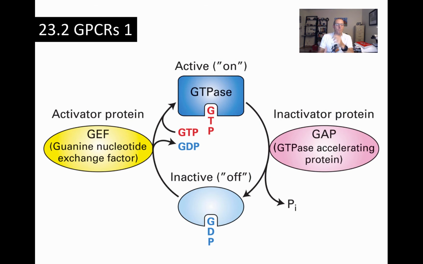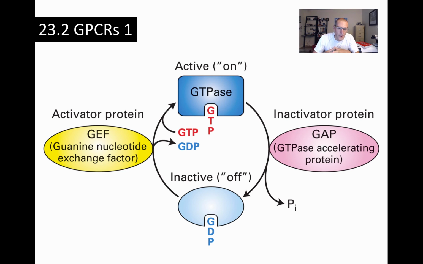Now, the G protein activity in terms of GTP hydrolysis isn't always fantastic. So you can regulate the GTPase activity, which just means the hydrolysis of GTP to GDP, by a regulatory protein called a GAP. A GAP is a GTPase activating protein, or GTPase accelerating protein.